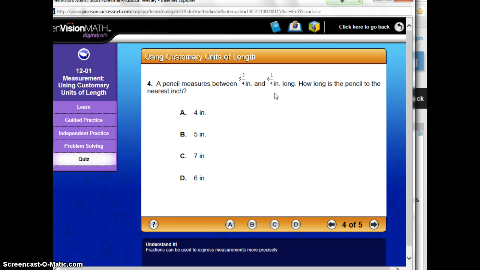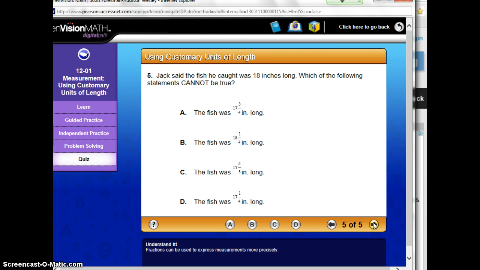Nope, you're off. It's got to be more than this. 5 inches is less than that. Emma? It's 6 inches. If on your paper ruler, Alexis, you found this and put an X by it, and then you found this and put an X by it, and looked between those two, you would have found the answer.